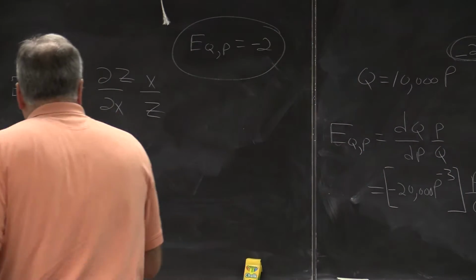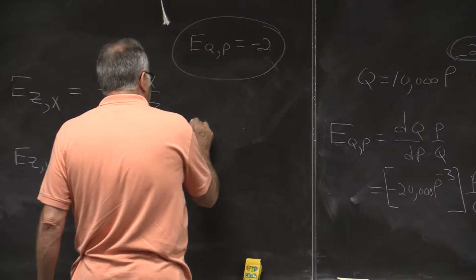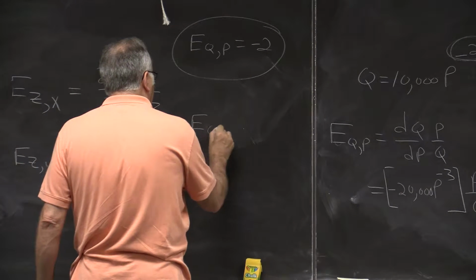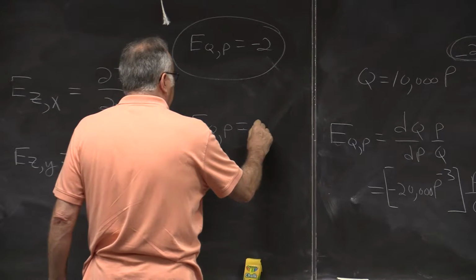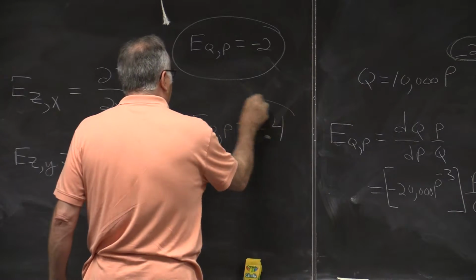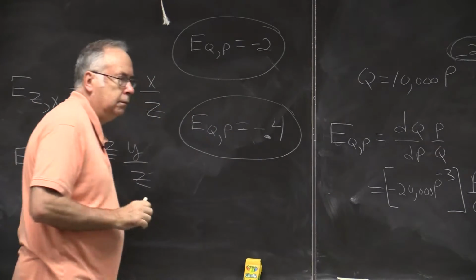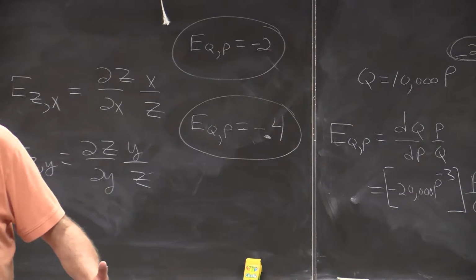Okay. Let me just take one more example. If you look at cigarettes as a group, the price elasticity of demand for cigarettes is roughly in the neighborhood of minus 0.4. What would be the interpretation of that?